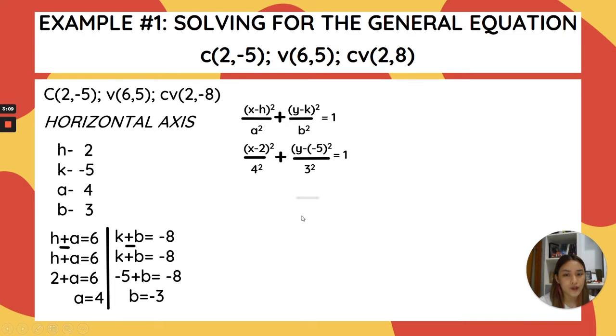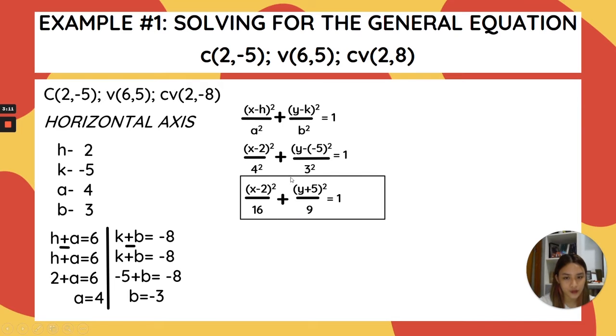And then we need to simplify or solve. This is now x minus 2 quantity squared over 16, as 4 squared is 16, plus quantity y plus 5 quantity squared over 9, because 3 squared equals 9, equals 1. So this now is our standard equation.